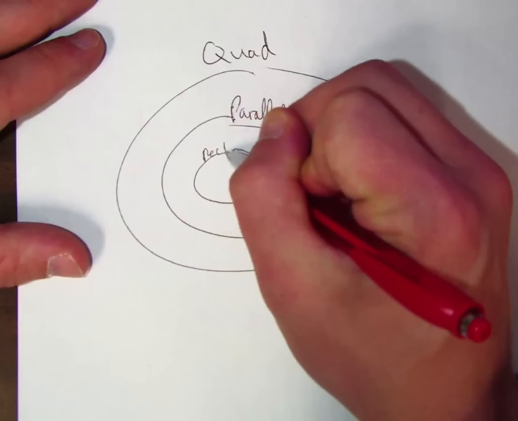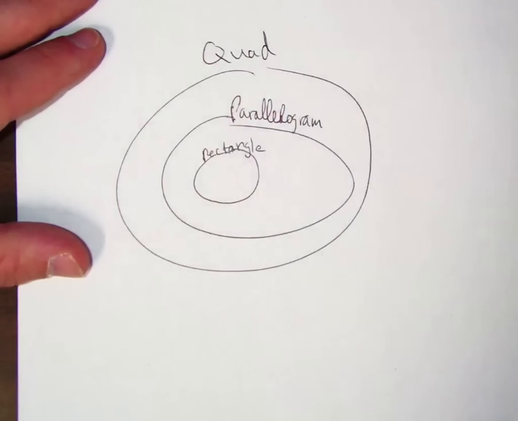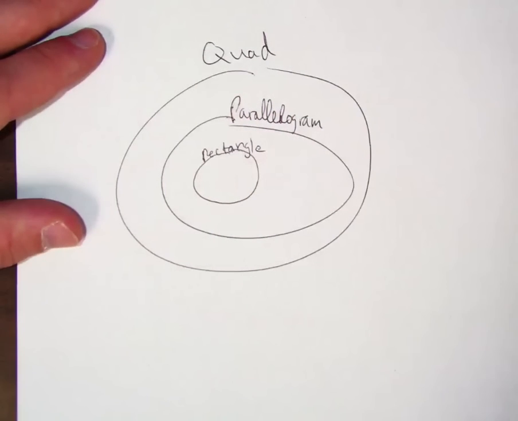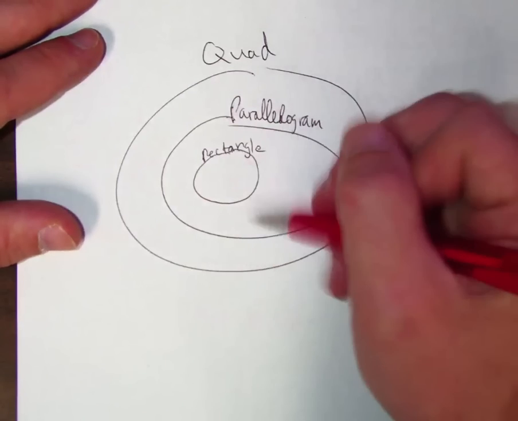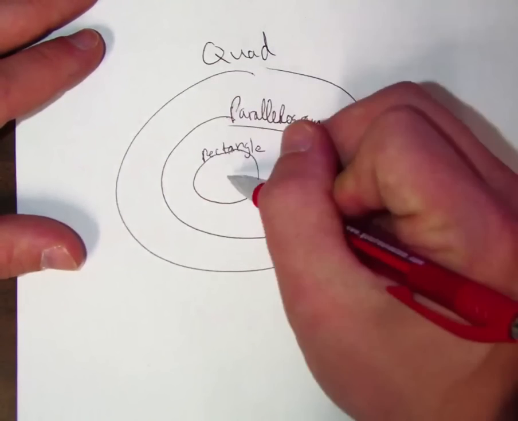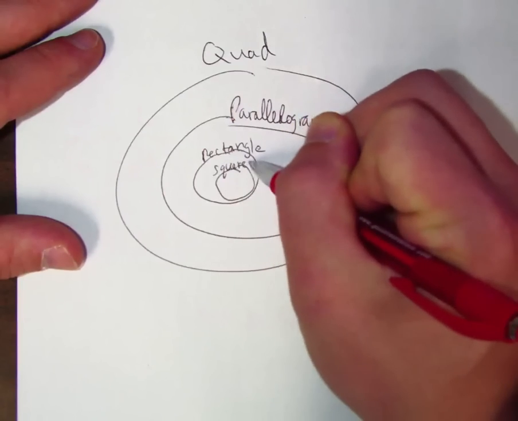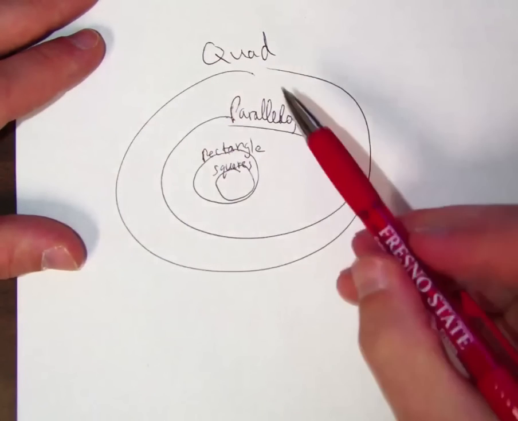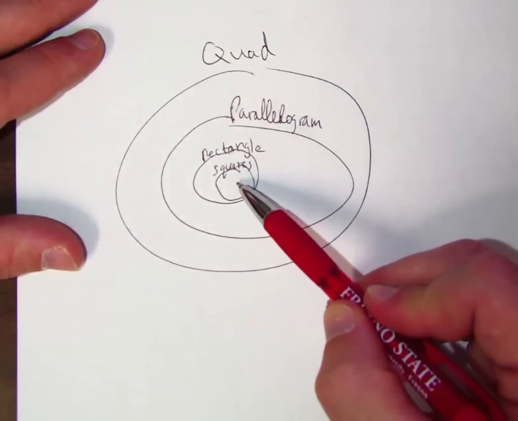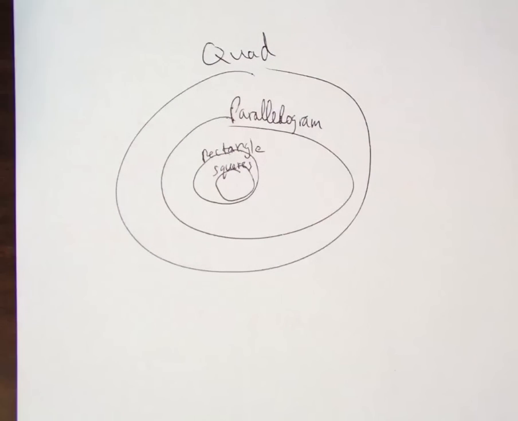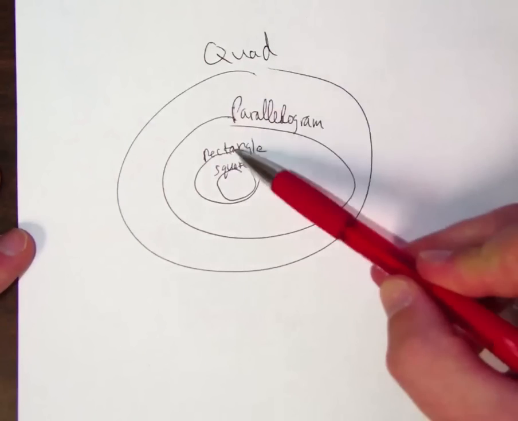We call those rectangles. Wait a minute. If they also have perpendicular diagonals and all their sides are the same length, then we can call them squares. So look how you can get more and more specific. And the question is, do you have enough evidence to say which group you can be in?